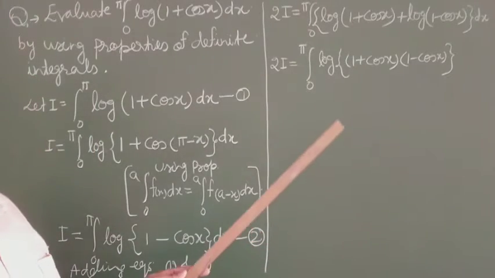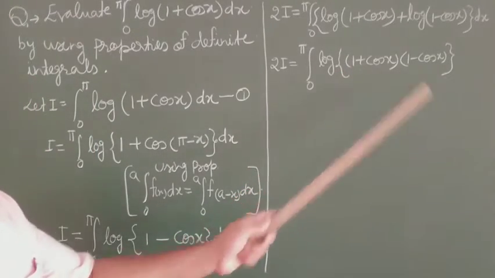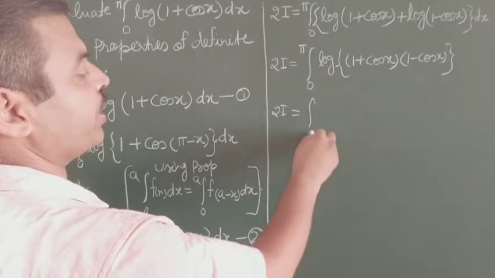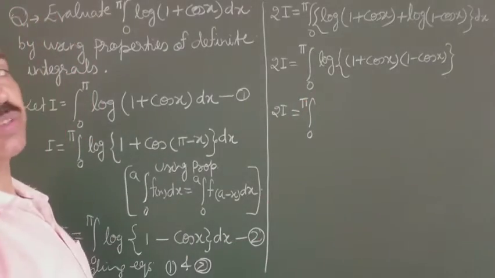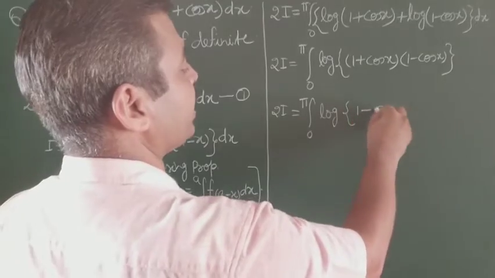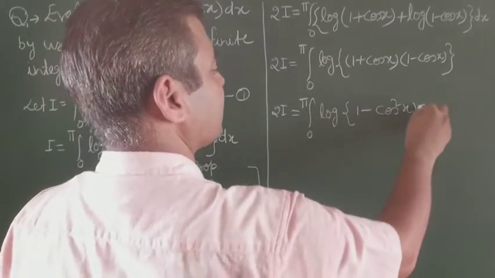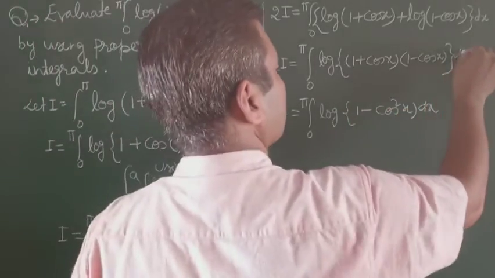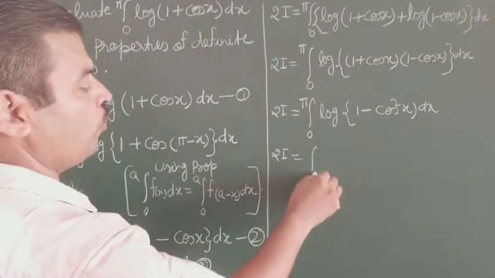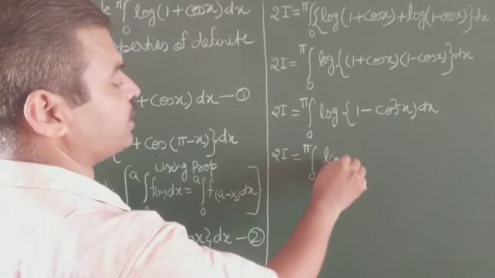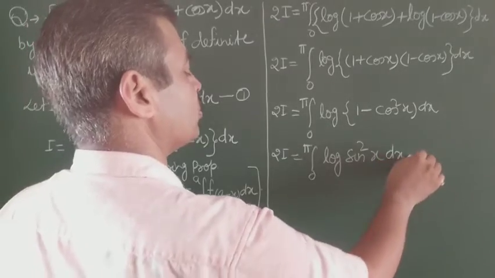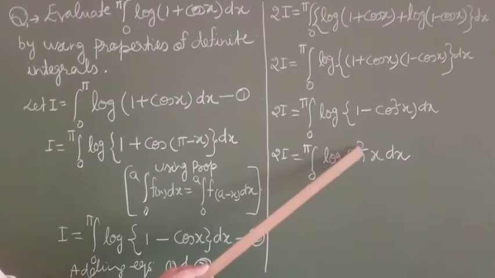Let us use the identity (a plus b)(a minus b), then it will become log(1 minus cos square x). We know that 1 minus cos square x equals sin square x. So it can be written as log(sin square x) dx.